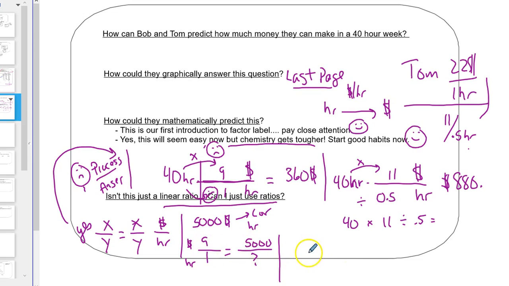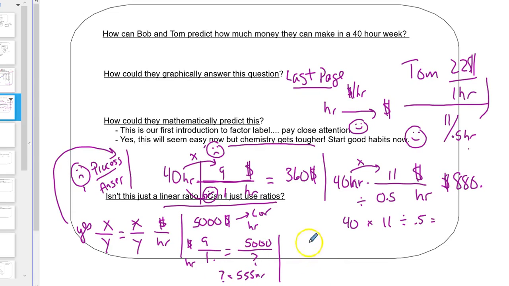And in this situation, that would be fine. 5,000 times 1 is 5,000 divided by 9, and we get 555 hours. Question mark equals 555 hours.